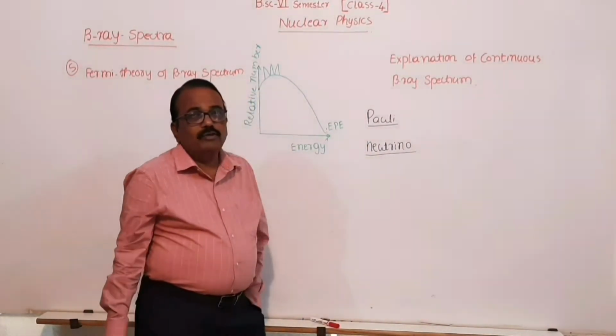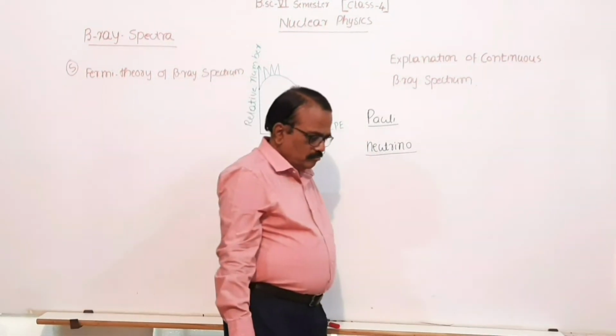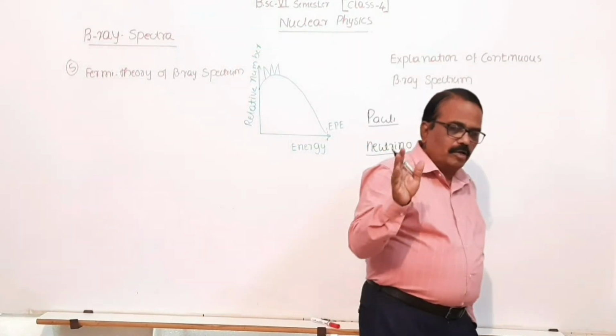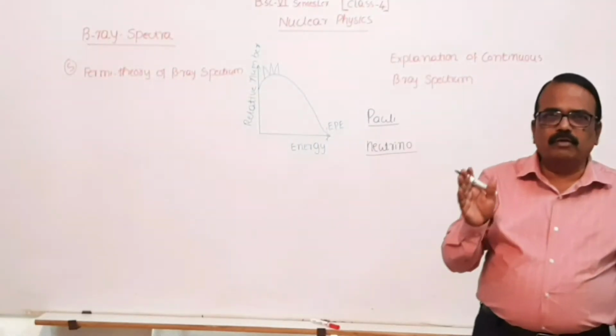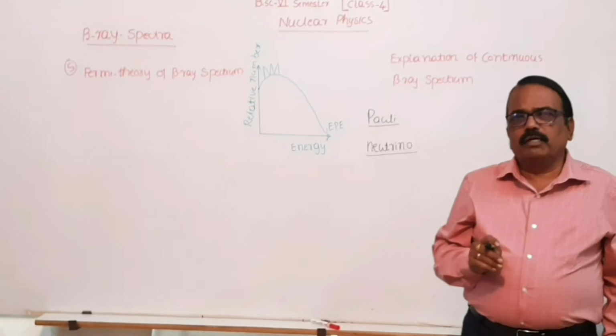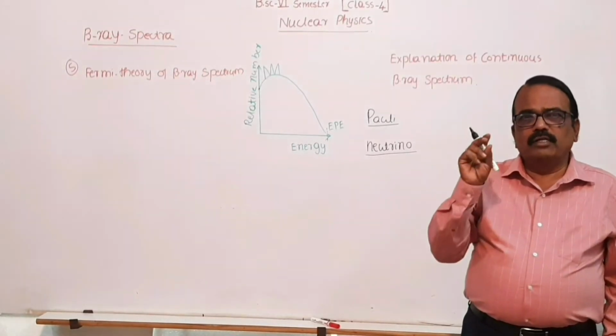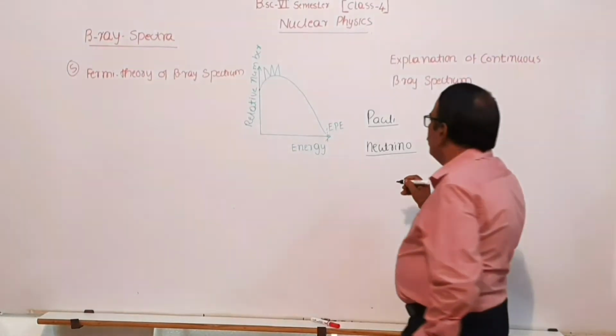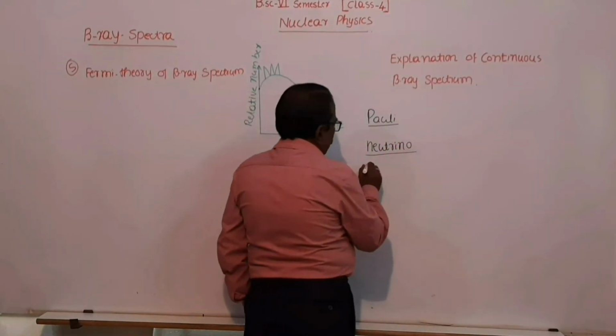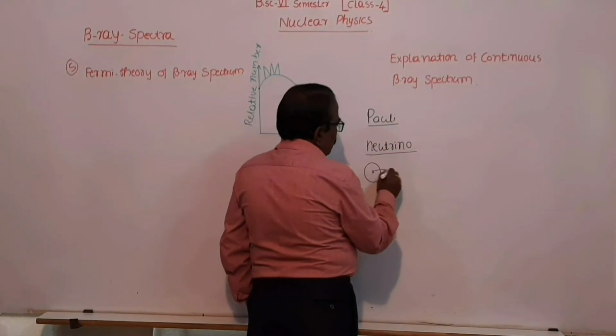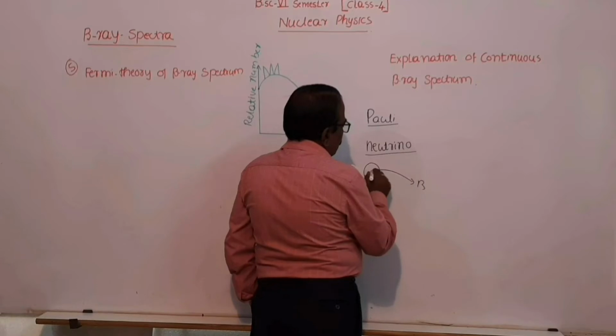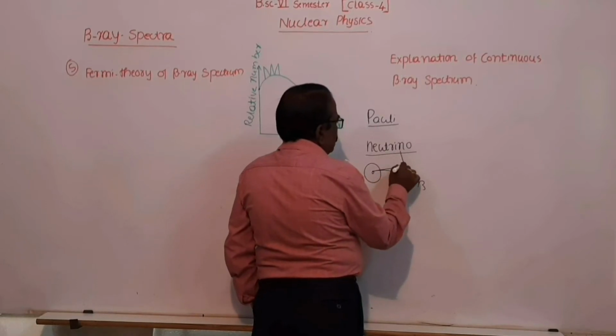It is the neutrino hypothesis. So when the radioactive disintegration takes place by the emission of this beta particle, another particle comes out from the nucleus along with this beta particle, and that particle is named as neutrino.